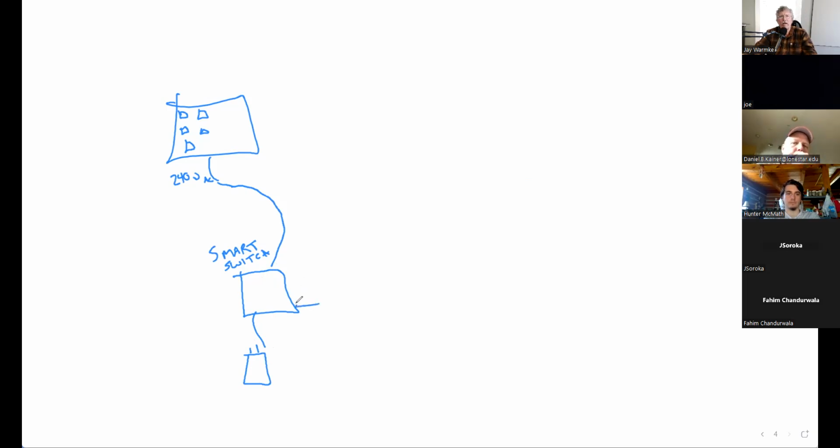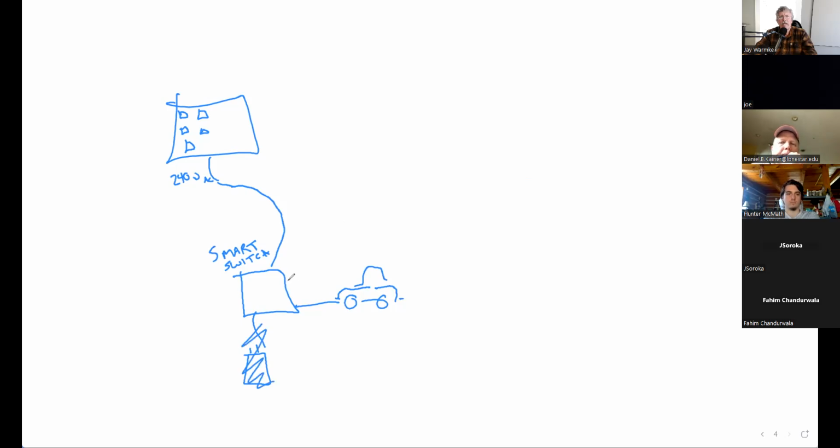Now, the other thing we're going to hook into is my electric vehicle. See if I can draw something that looks like a car, sort of. So I've got my charging station here as a battery bank. So in reality, I may not even need this.